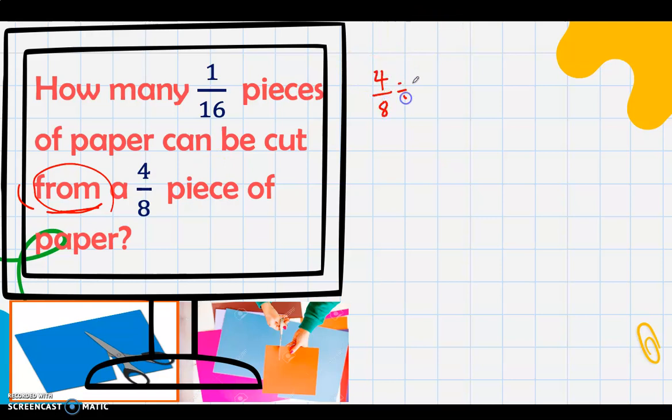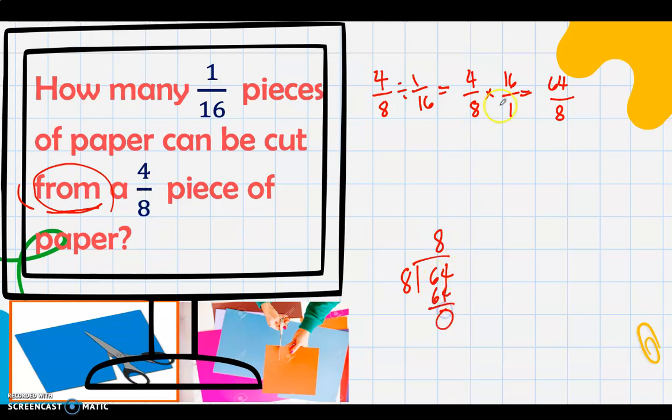Then we divide it by 1/16. We copy the dividend, get the reciprocal of the divisor, and proceed to multiplication. So we have 16 times 4, that is 64/8. Now 64 over 8 is an improper fraction. Since the numerator is bigger than the denominator, we divide. 64 divided by 8 is 8, no remainder. Therefore, the answer is a whole number, 8. You will have 8 pieces of 1/16 piece of paper.